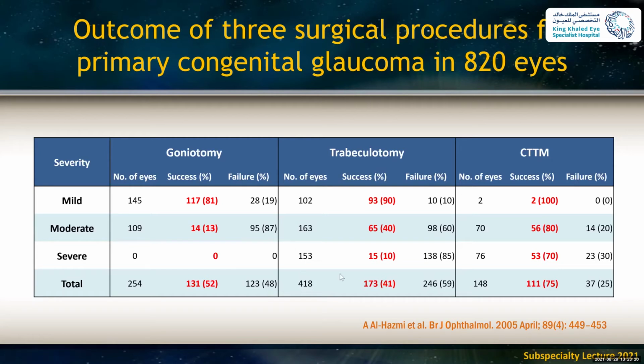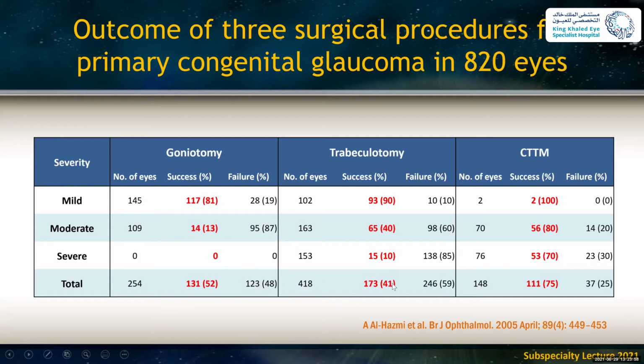And again, with trabeculotomy the success rate is very low, 10% compared to 70% in the combined procedure. When we look at other reports regarding the success rate of goniotomy in other areas of the Middle East, as well as Asia, it is 50 to 52%.